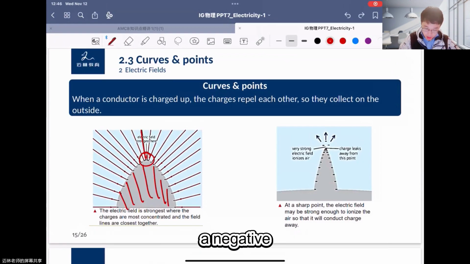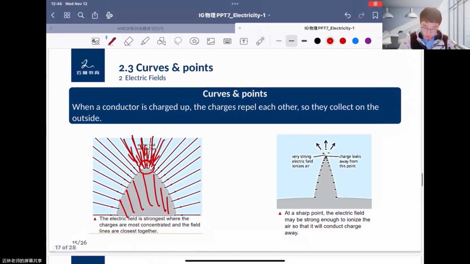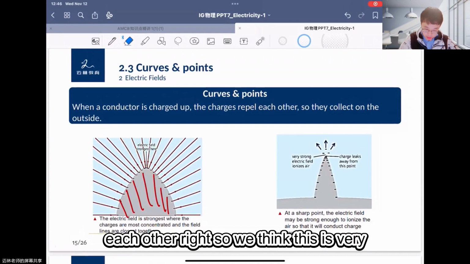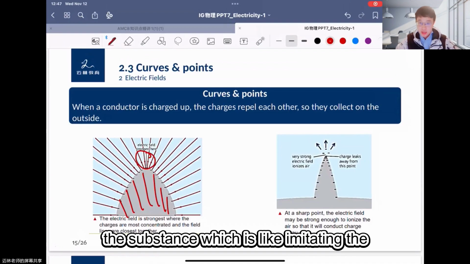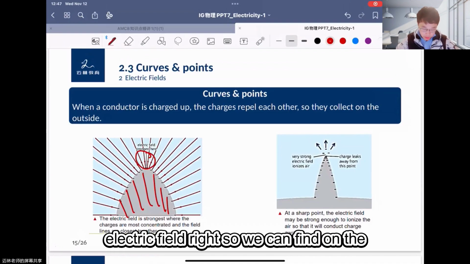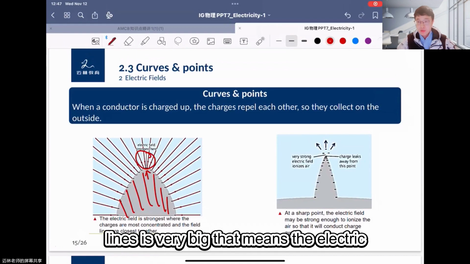And because it's a negative charge, each electric field shoots like this way. We have already talked before that when the electric field lines are very close to each other, it means we are very close to the substance emitting the electric field. On the very top, the density of the lines is very big, which means the electric field is very big, okay?